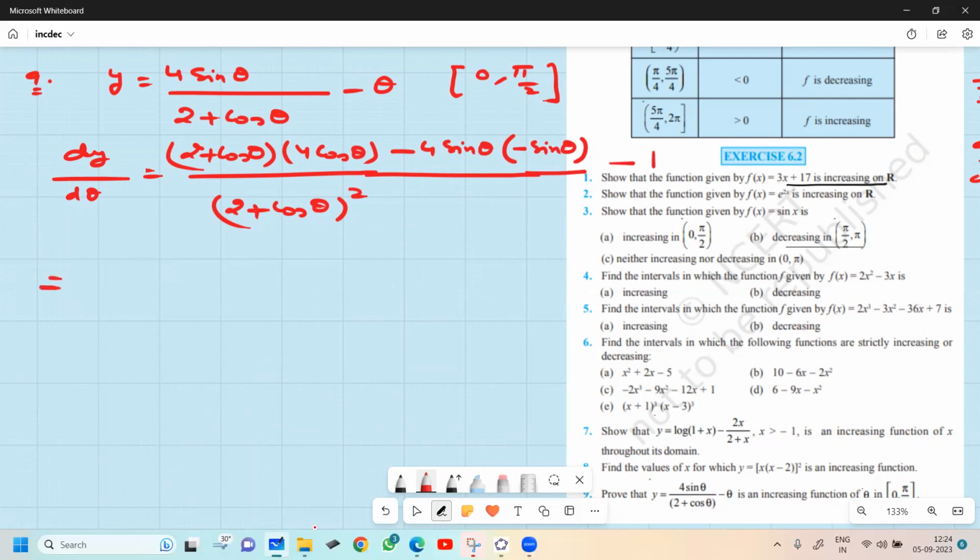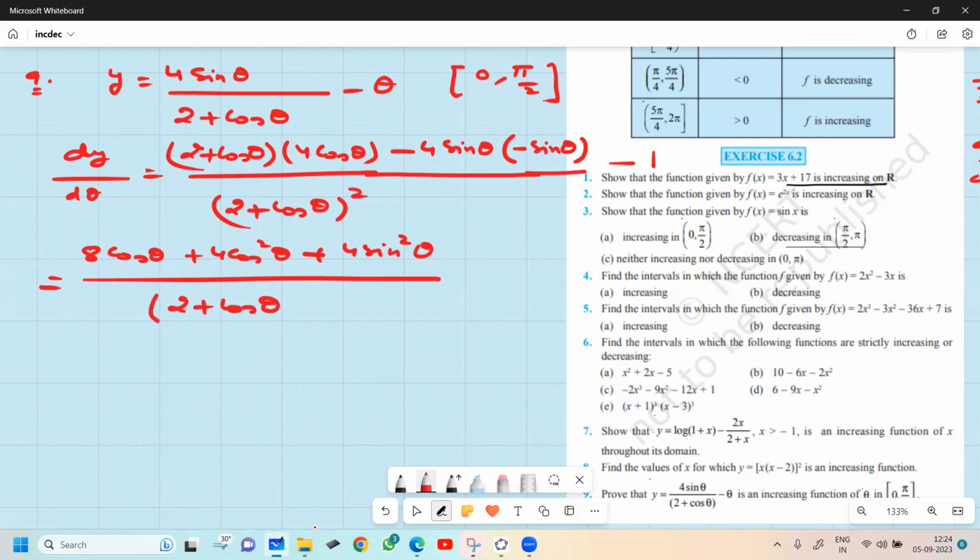So this I am getting as 8 cos theta plus 4 cos square theta plus 4 sin square theta upon (2 plus cos theta) whole square, minus 1.